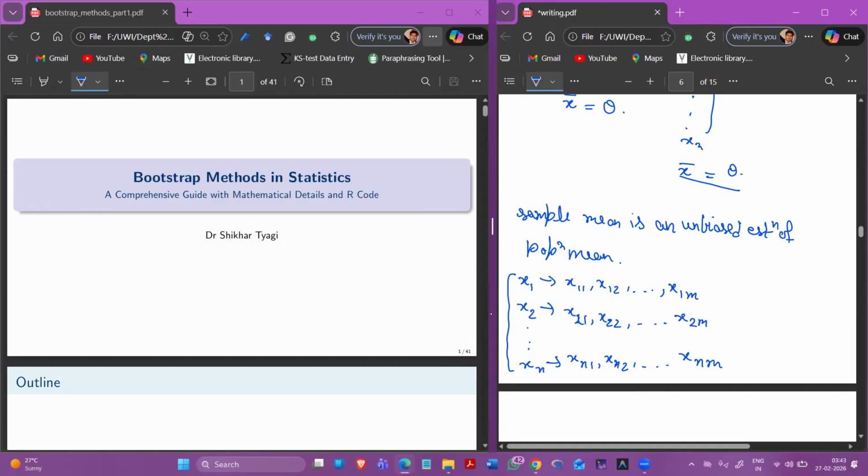Inside each sample, you collect the sample observations, which we call the sample units. You calculate the sample mean for each sample, so that will be x1 bar, x2 bar up to xn bar. After that, you take the mean of all these means. That will be your x bar, and that will be equal to your population mean theta. That is the basic meaning of the theorem that the sample mean is the unbiased estimate of the population mean, right?